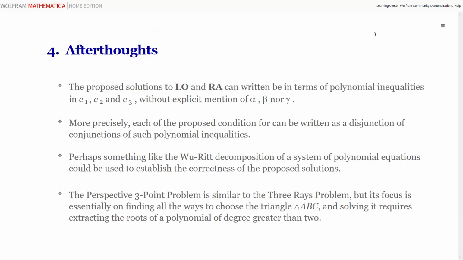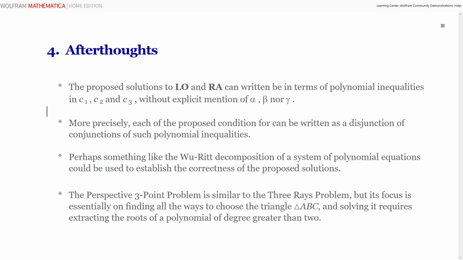Boom. All right, some afterthoughts. At some point I noticed that my solutions to the LO problem and the RA problem can be expressed entirely in terms of C1, C2, and C3, avoiding any explicit mention of alpha, beta, and gamma. In doing so, what I have is a system of polynomial inequalities in C1, C2, and C3.